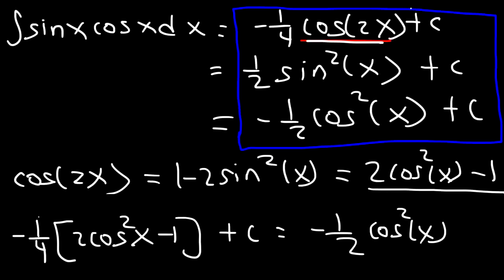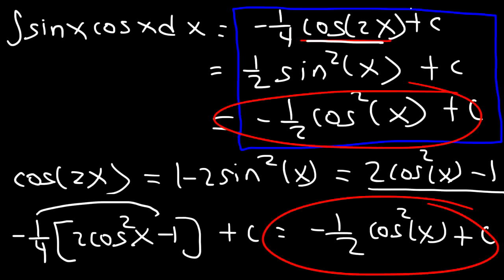And then negative 1/4 times negative 1, that's positive 1/4. And then plus the constant c. So 1/4 plus a constant is equal to another constant, which we can just replace with some generic constant, just like we did before. And that will give us the same expression.